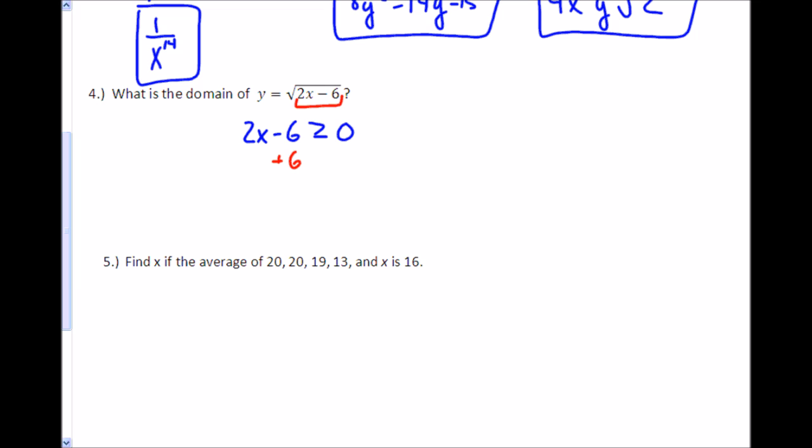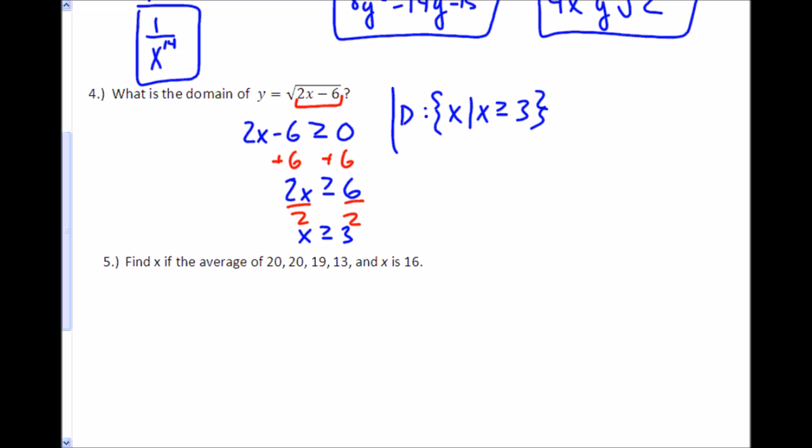So I add the 6 to each side. That gives me 2x is greater than or equal to a positive 6. And now to finish solving this, I divide each side by 2. So I find out that x is greater than or equal to a positive 3. And then for my notation here, remember I say that the domain is x such that x is greater than or equal to 3. And that's it.